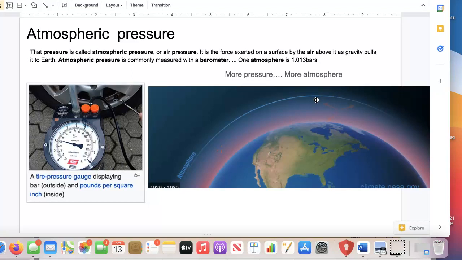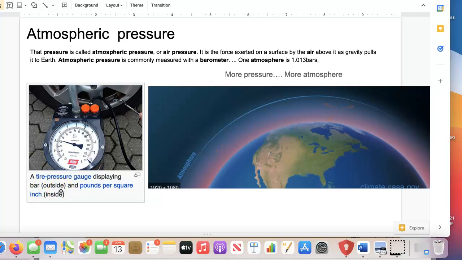Maybe when you're pumping up your tire, you use pounds per square inch. In metric, they use grams per square meter. But another universal measurement is called a bar. One atmosphere is 1 bar on Earth.